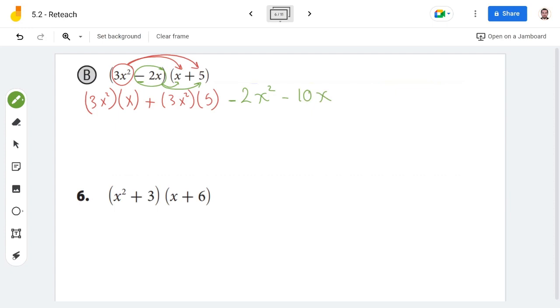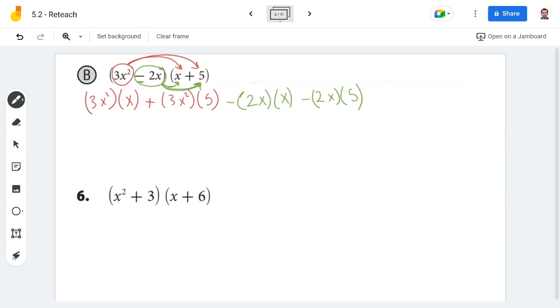Oh, sorry. I simplified the first bracket and I forgot to simplify the second. Let's rewrite them again. Negative 2x times x. Then we have negative 2x times 5. Now let's simplify.